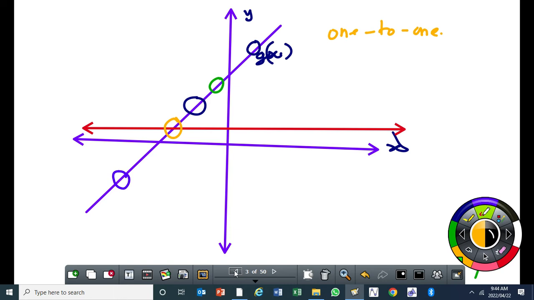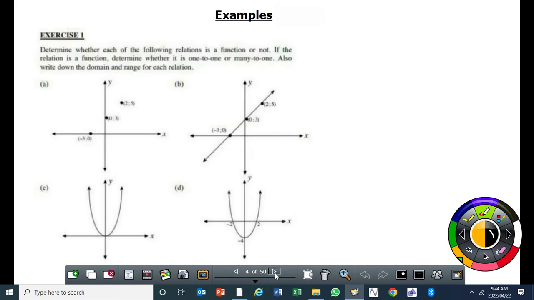Okay, let's move on to some examples here. The exercise says, determine whether each of the following relations, please be aware they are relations, is a function or not. We don't know at this stage whether those relations are functions.